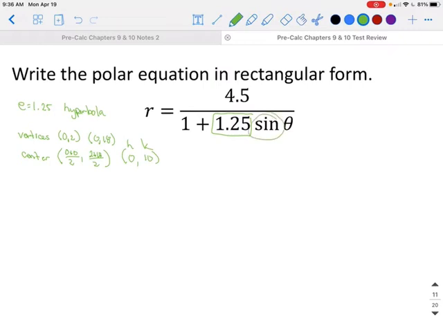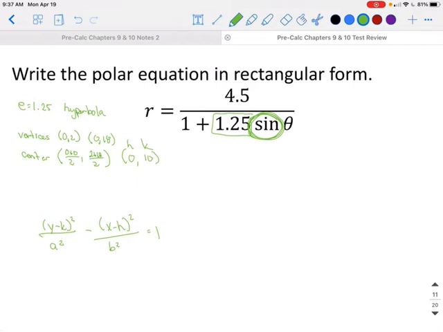Now, because sine goes with the y, our equation for our conic will be y first. We know our h and our k. We need to find the a and the b.